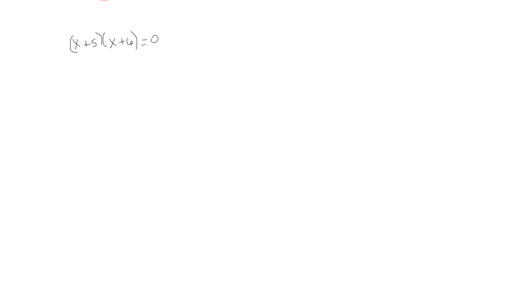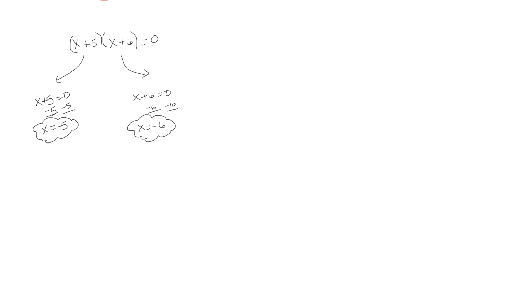And you just set each of your factors equal to 0. And x plus 6 equals 0. Then usually you'll have to spend the work and factor it yourself. That's more realistic anyway.